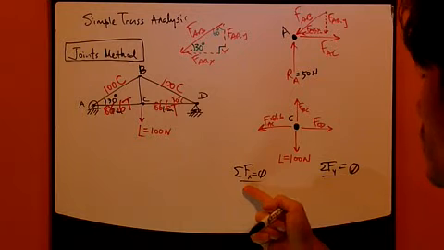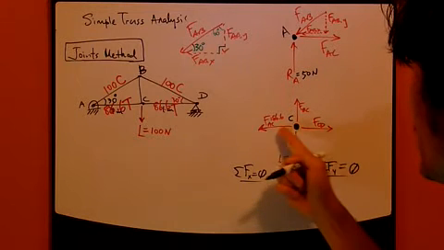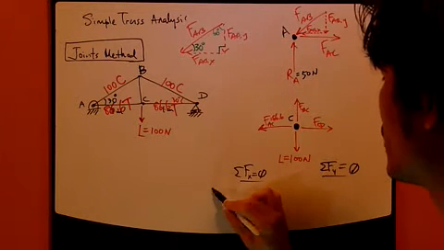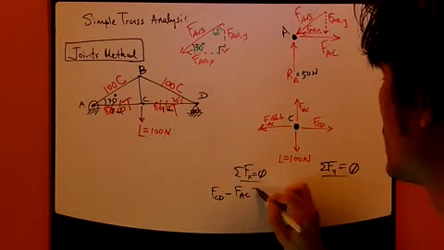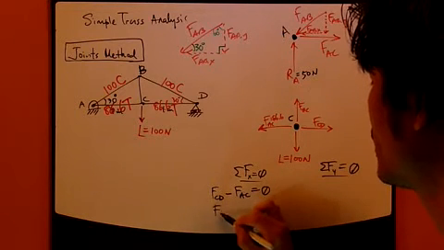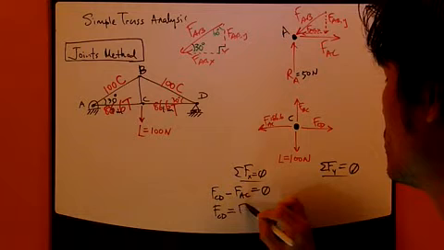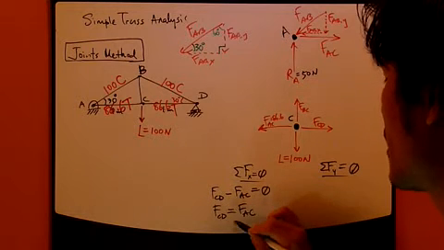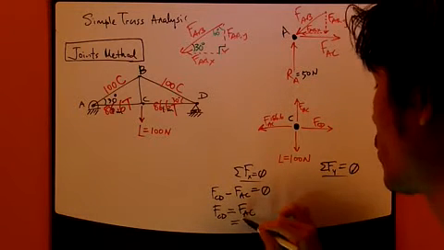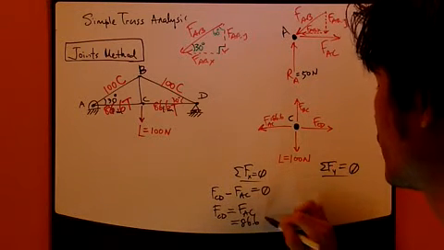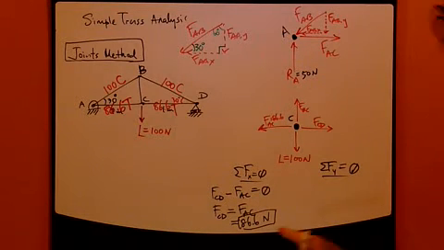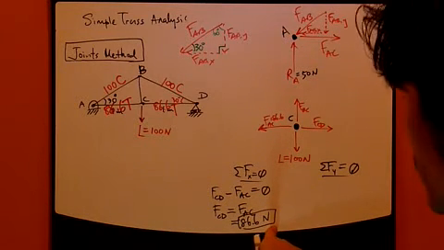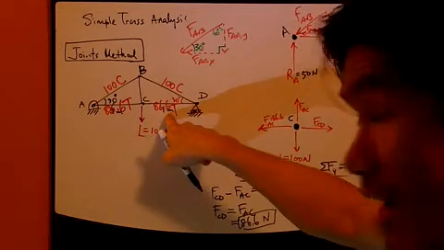Sum of forces x equals 0. So only these two guys in the x direction. Therefore, FCD minus FAC equals 0. Here, FCD is the unknown, so move FAC to the right-hand side. FAC had been solved for earlier, so that's it. FCD is 86.6 Newton, which is this right here.